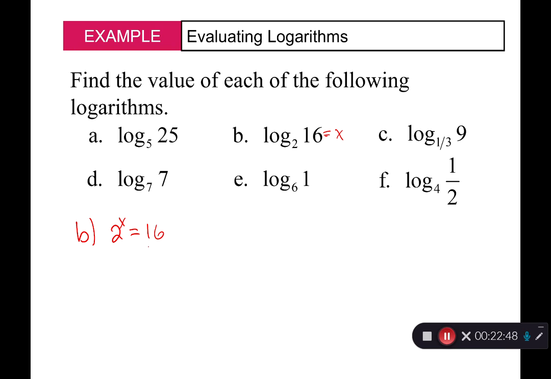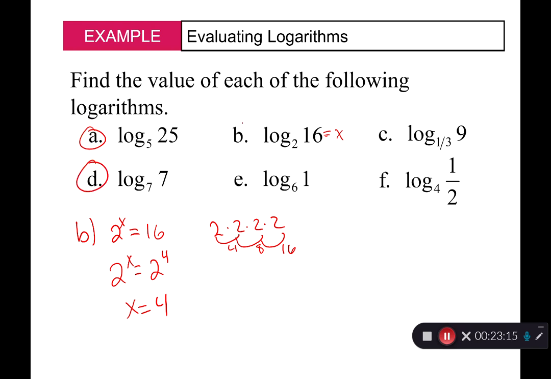Now, in this case, 16 can be rewritten as multiplication of 2s. 2 times 2 is 4, times 2 is 8, times 2 is 16. So I could say 2 to the x equals 2 to the 4th power. And in that case, x would equal 4. You can use a very similar method with A, D, and E.